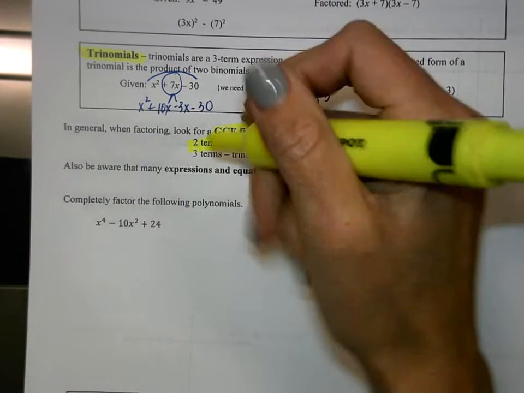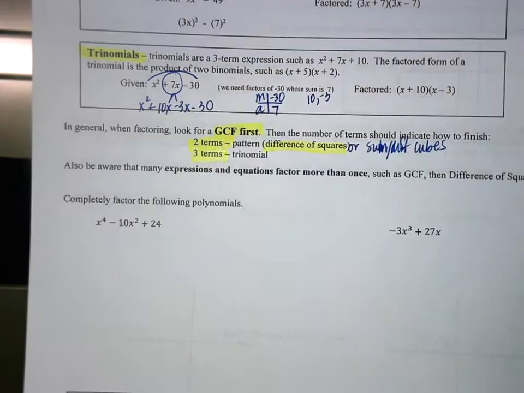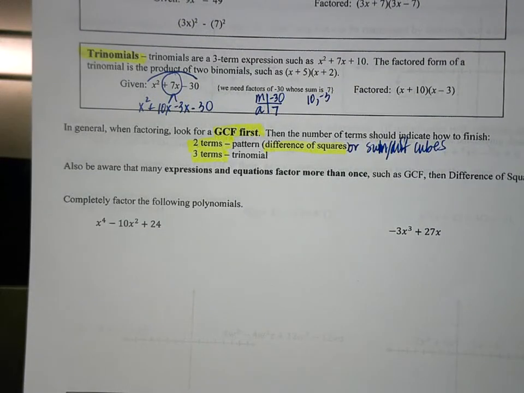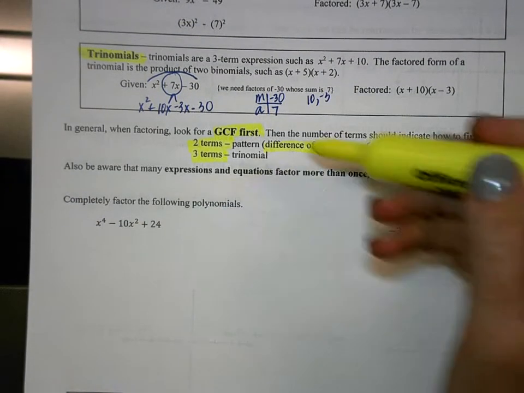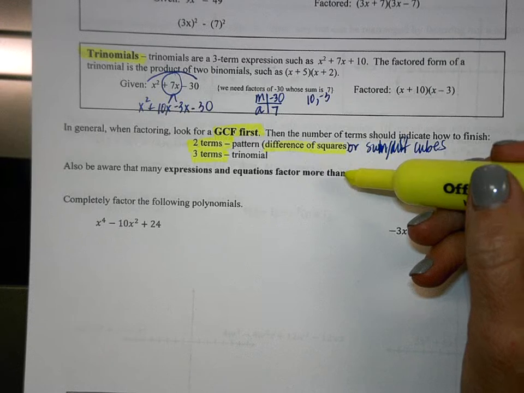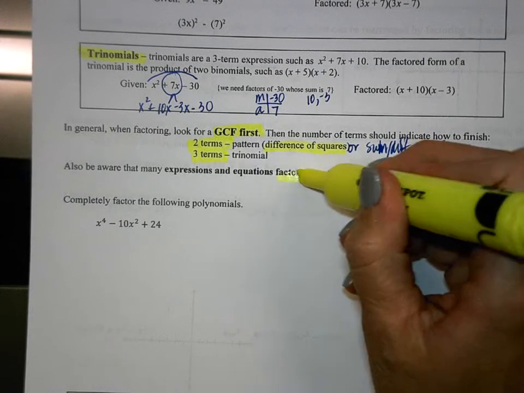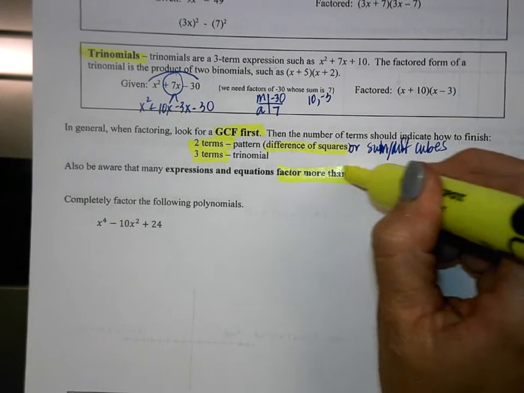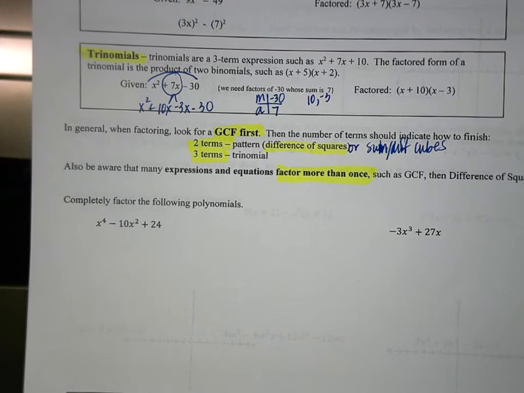And then we also have our three terms, which is dealing with our trinomials. Also be aware that many expressions and equations factor more than once. So you factor everything once, and then you need to check to see if you can factor further.